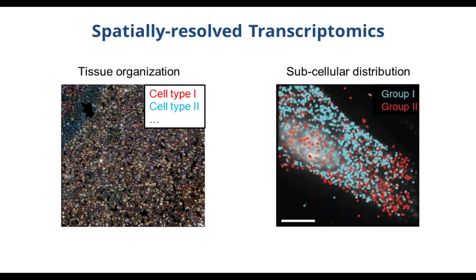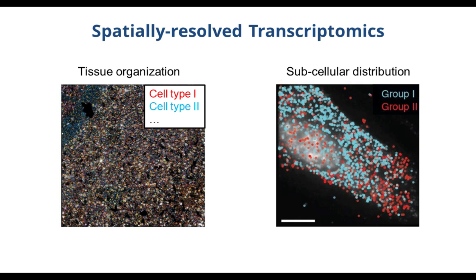Transcriptomics is the measurement of the gene expression or the RNA content of a cell. And the way to get more information from the gene expression is also to try to put it into its spatial context.